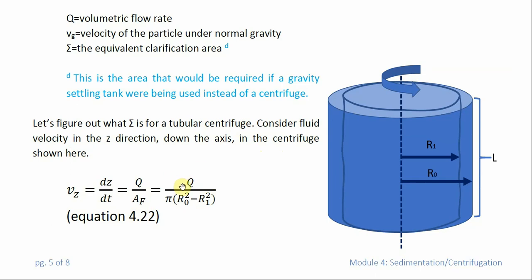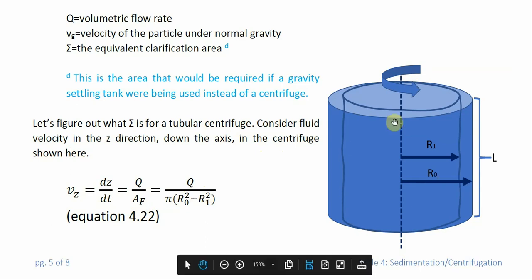Here, the cross-sectional area of the fluid would be pi times the radius from the axis all the way to the wall of the centrifuge, so the total radius of the centrifuge squared, minus the radius from the axis to the surface of the fluid squared. In a tubular or tube bowl centrifuge, the fluid all gets pressed up against the side of the centrifuge, so it kind of has this big vortex in the middle.